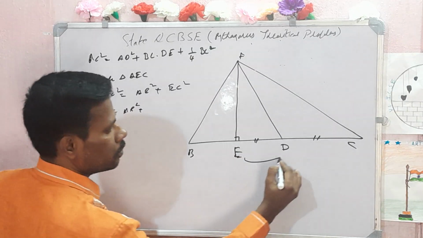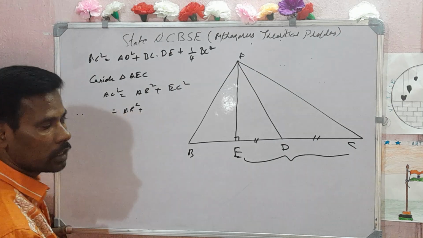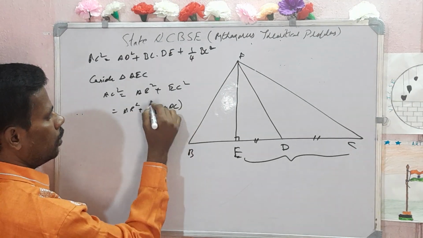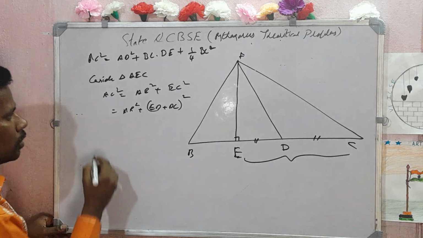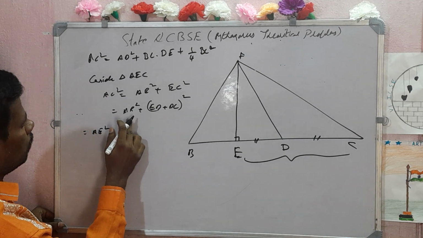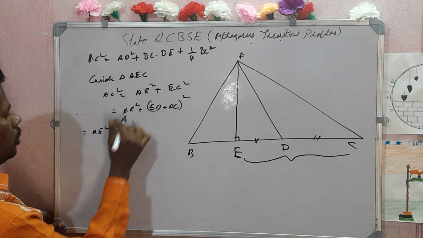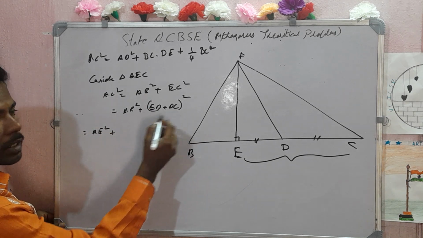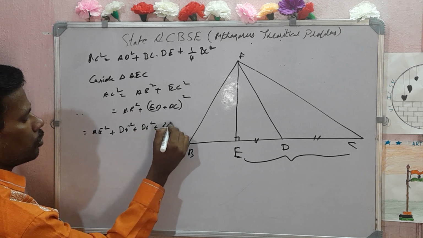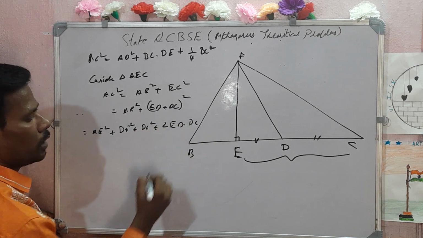By adding this: ED plus DC whole square, right? So AC square is equal to AE square plus, apply A plus B whole square, DE square plus DC square plus 2 times ED into DC, right?